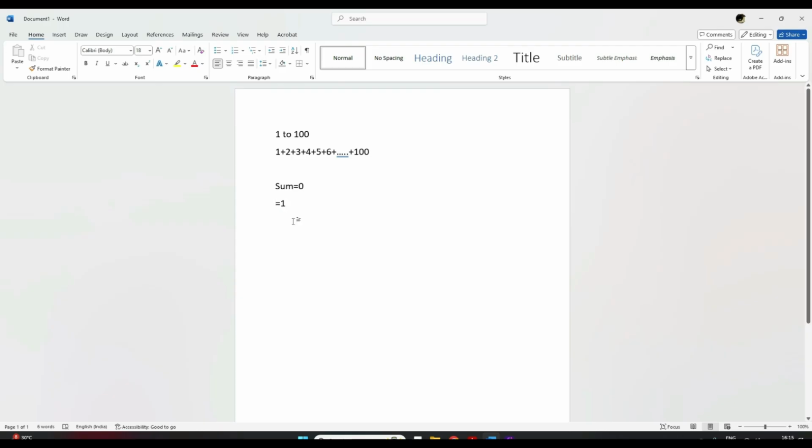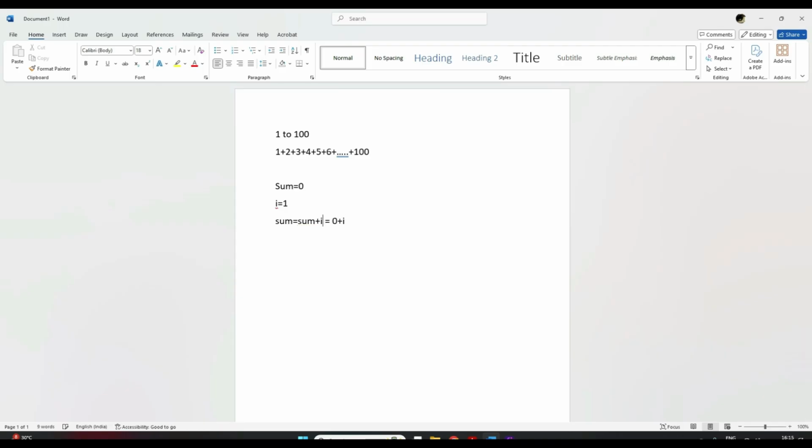Clear? I put I is equal to 1, correct. Now, my first step I'll do: sum is equal to sum plus I. So the first time when I is 1, what will my sum be? Sum will be equal to 0 plus I. Is it clear?